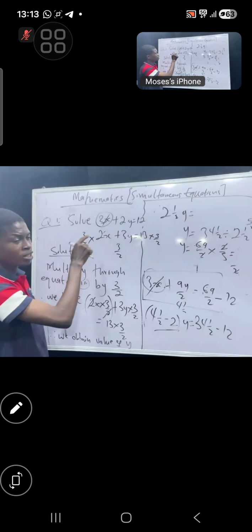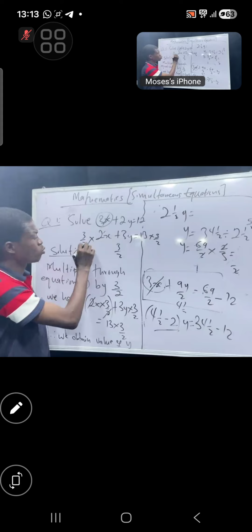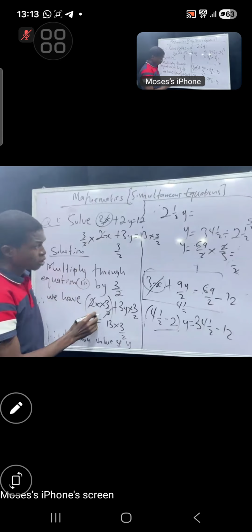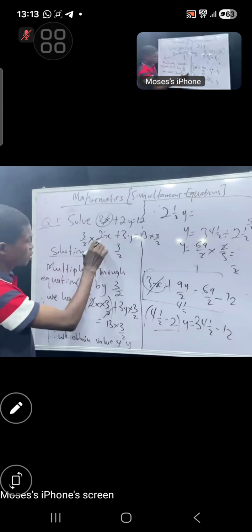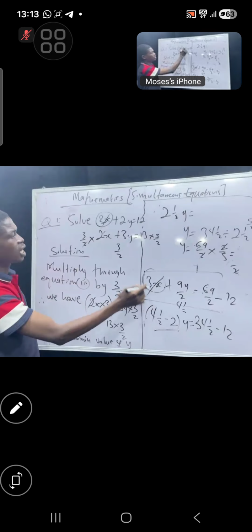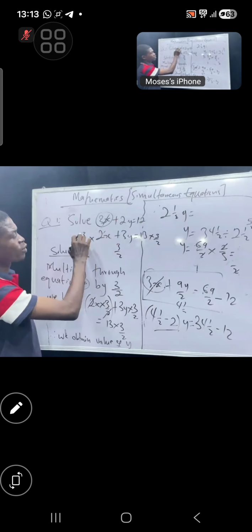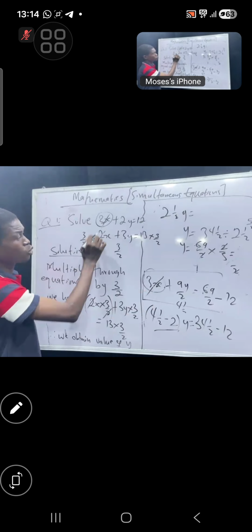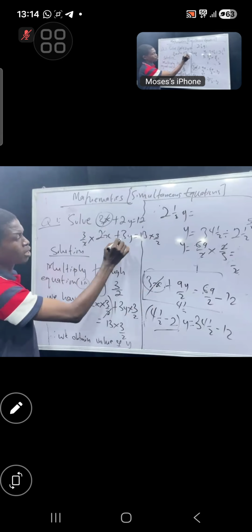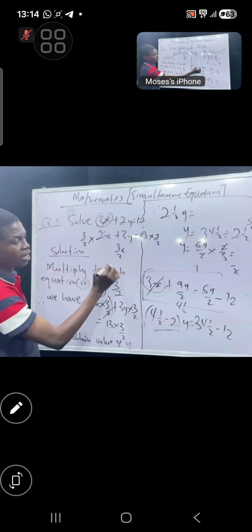Now notice that these 2 here times 3/2, you have 3x. The same thing happens here, the same 3/2 you obtained when you divide 3 by 2. Now that's 3/2 times 3y, that is 3 times 3, which is 9.